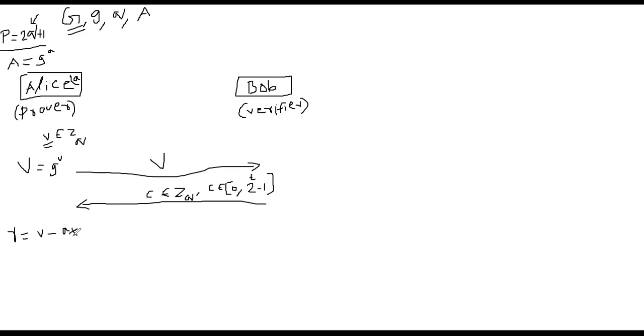Okay, here is a little bit of caveat. This is computed with respect to the group ZQ, meaning mod Q. Okay, this is important. And it's going to be clear why it's not mod P, it's why it's mod Q. It's important. Okay, I'll be explaining that in a moment. Okay, this is the value of R she computes, and she sends that R to Bob.